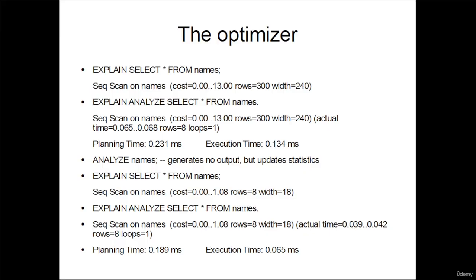Update statistics: run analyze after significant data changes to keep optimizer estimates accurate. Compare plans: use explain analyze to compare estimated versus actual metrics and identify when indexes or query rewrites are needed. In general, databases automatically update their statistics, so you typically do not need to run analyze manually.